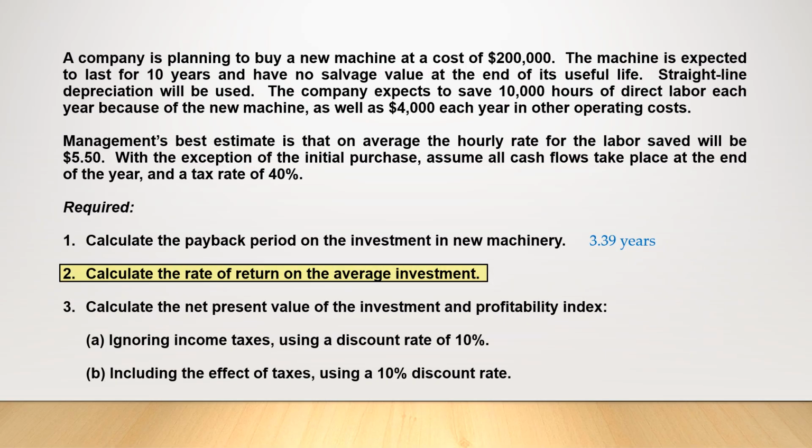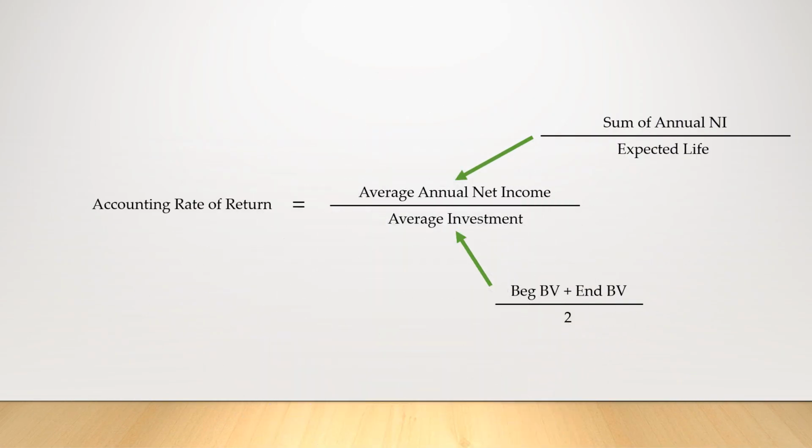Number 2, calculate the rate of return on the average investment. This is another term for the accounting rate of return. We return to the same formula used in the first problem. The average investment is usually the easier calculation, so let's start there.